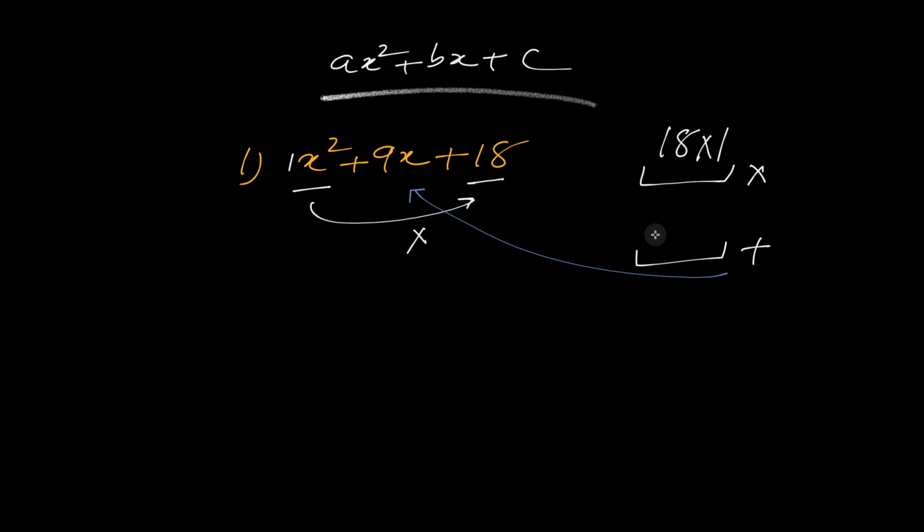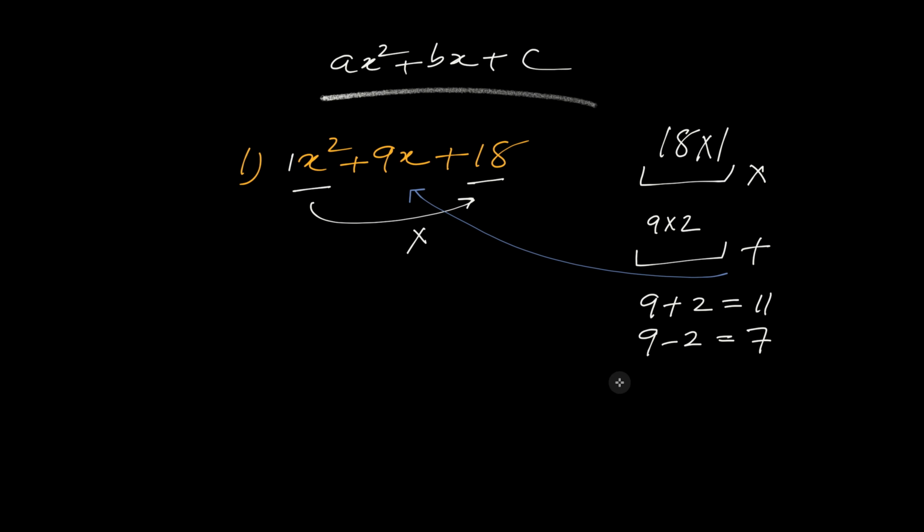Okay, how can we find those two numbers? Let's see. First we can take 9 into 2, which is 18, but if you add or subtract these two numbers, will you get the center number? No, because you can get either 11 or 7, but you are not getting 9. Now we have to try another way.